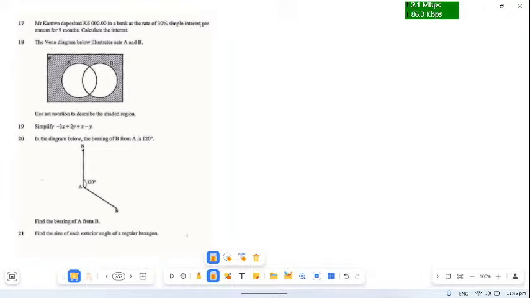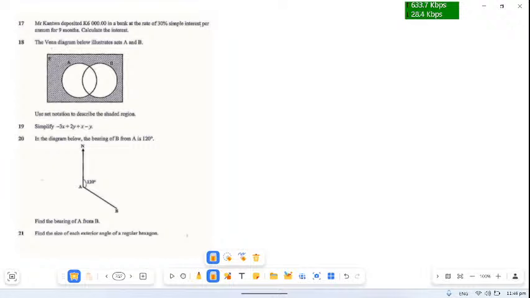So we are told to find the size of each exterior angle of a regular hexagon. If it has got 6 sides, how do we get the size of the exterior angle? Let's use this method first.